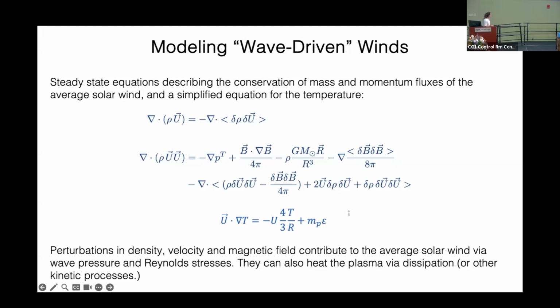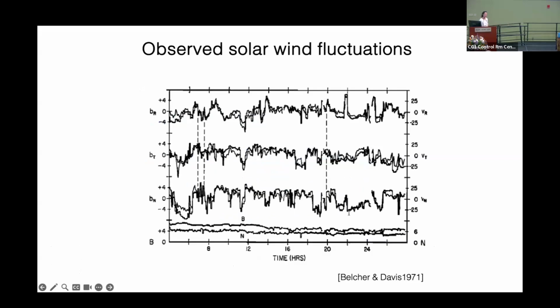Now, what lends support to these scenarios is that we do observe plenty of fluctuations in the solar wind. By pure casualty, I'm showing here a plot of typical fluctuations we observe in the solar wind. There are three lines here that correspond to fluctuations in the three components of the magnetic and the velocity field.